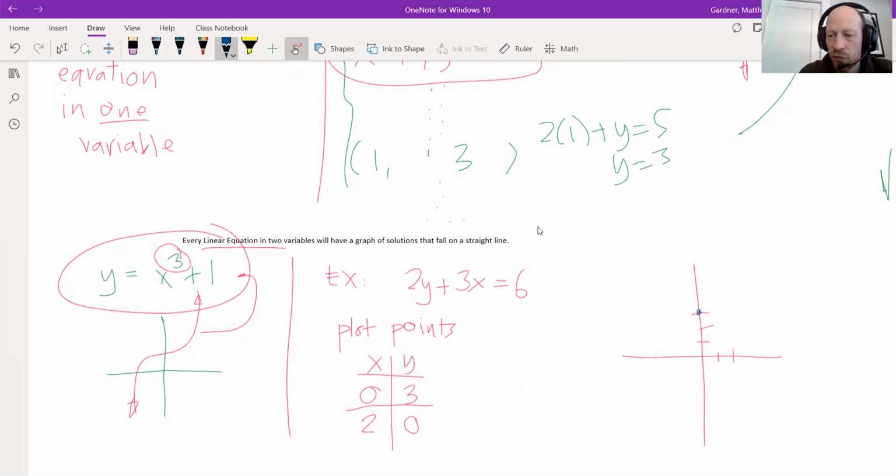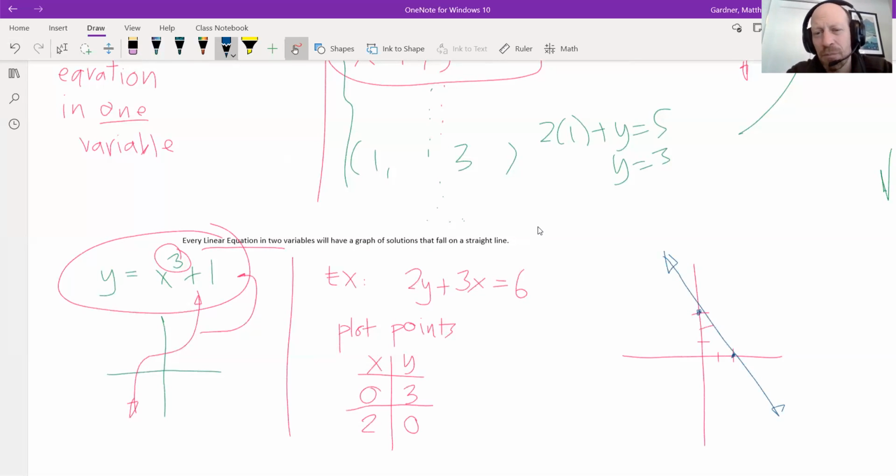And x equals 2, y equals 0 is right there. So really, right now, there's only one line that this could be. So that's the graph that I'm looking for.